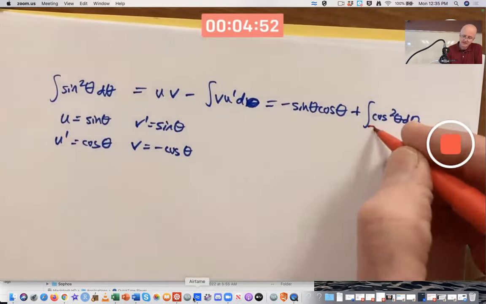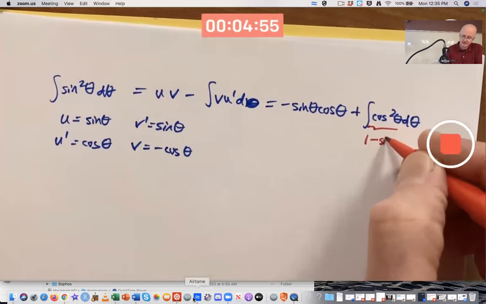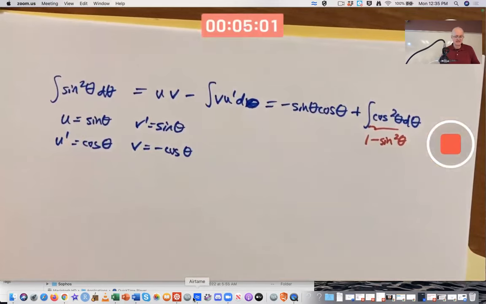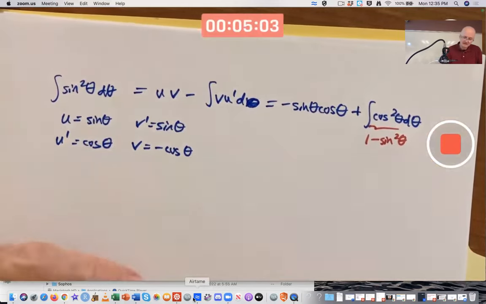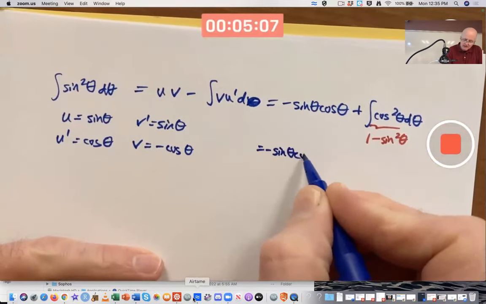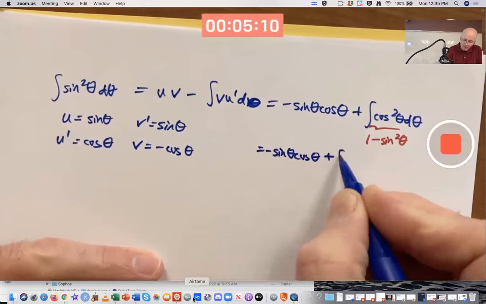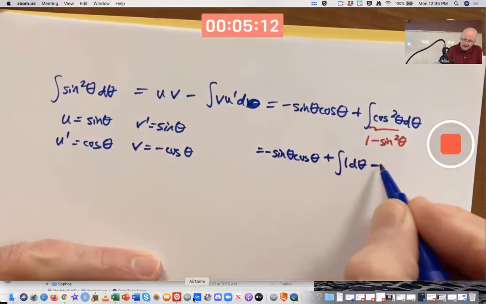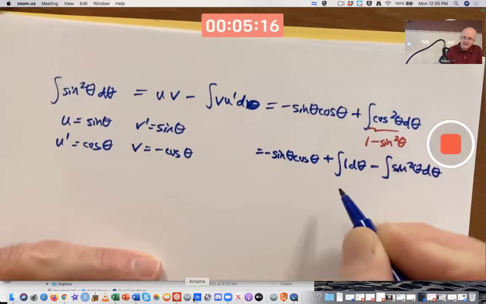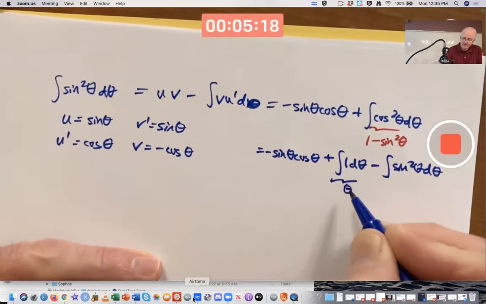Therefore, cos squared theta is 1 minus sine squared theta. And you can go ahead and make that replacement. Those are equal no matter what theta is. So we get negative sine theta cos theta plus the integral of 1 d theta minus the integral of sine squared theta d theta. This is just a theta right there.